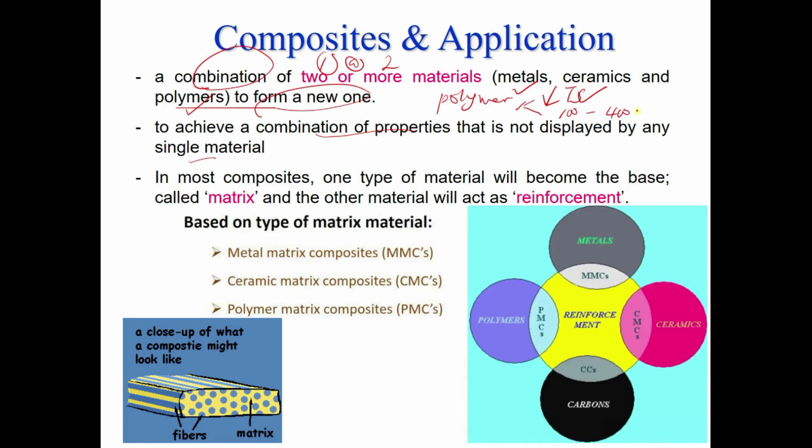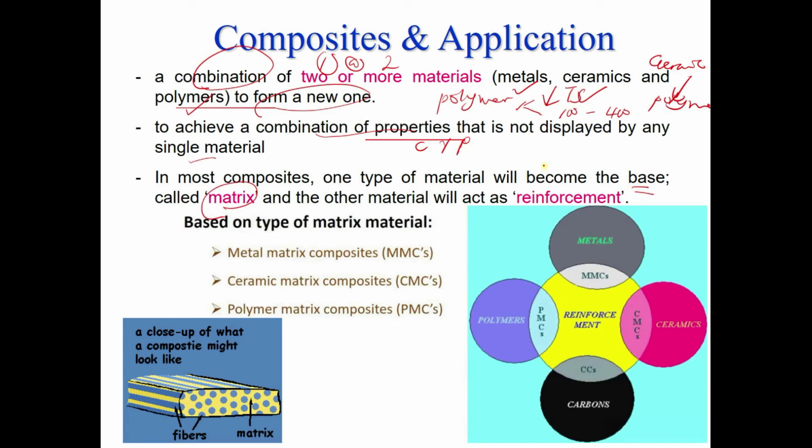Okay, by knowing that ceramic material has high strength as well as high thermal resistance, engineers or scientists can add ceramic into polymers to make a composite, to achieve a combination of properties between ceramic and polymer. In most composites, one type of material will become the base, or what we call the matrix.